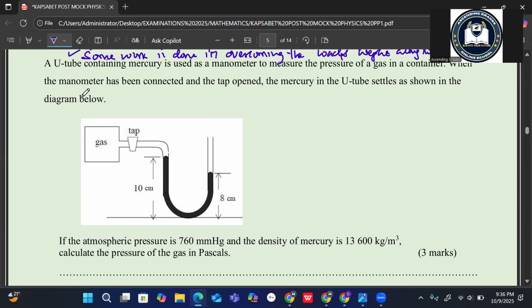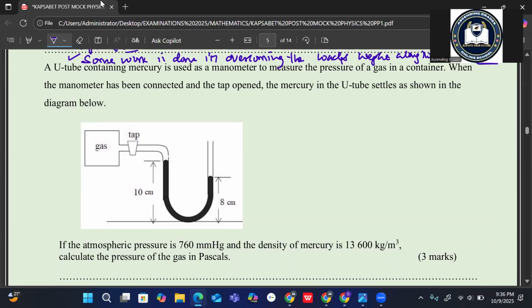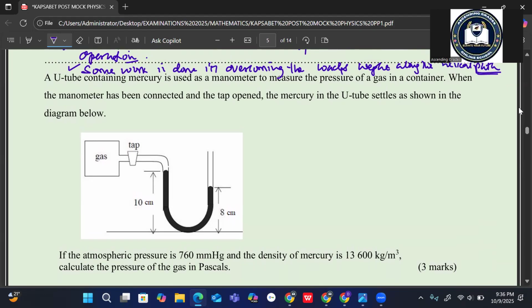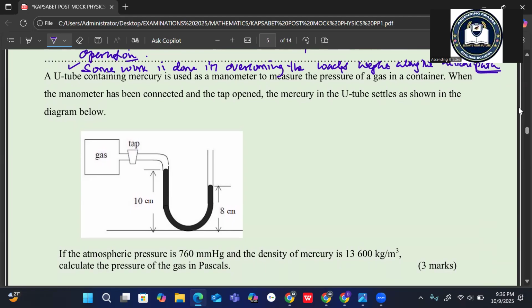We have a question that says, a U-tube of mercury is used as a manometer to measure the pressure of a gas in a container. When the manometer has been connected and a tap opened, the mercury in the U-tube settles as shown in the figure.